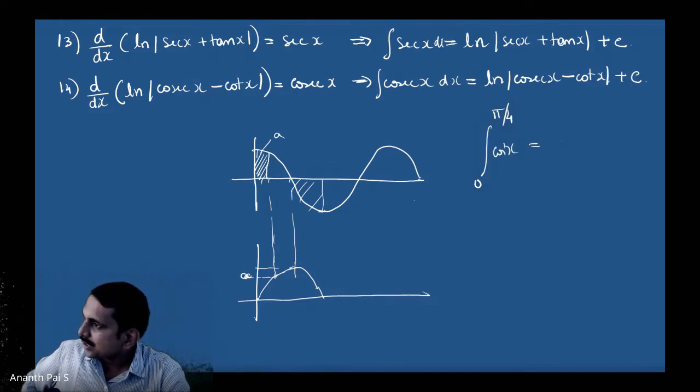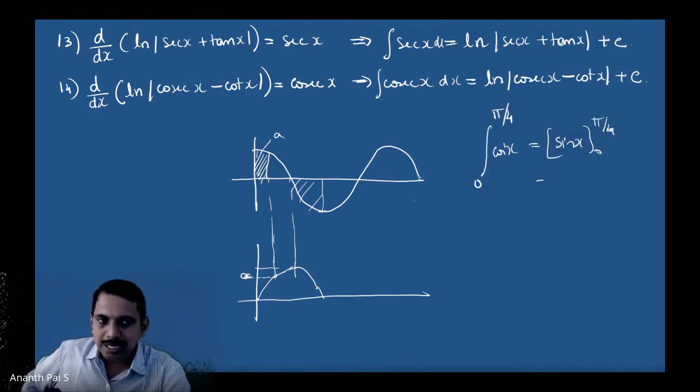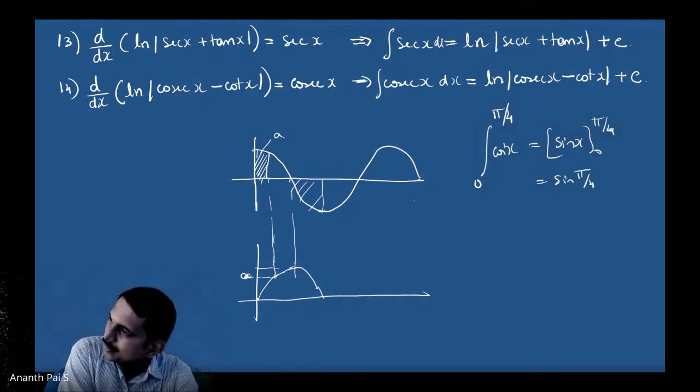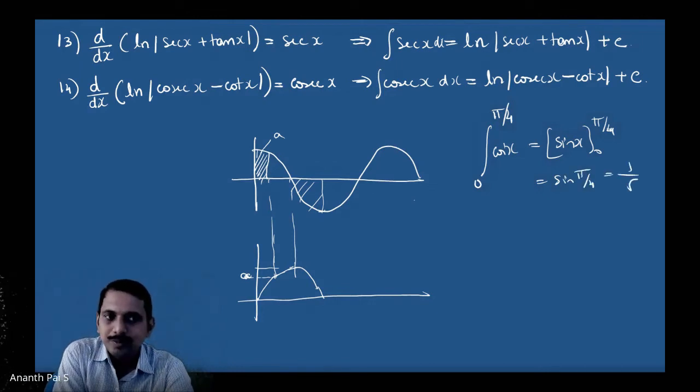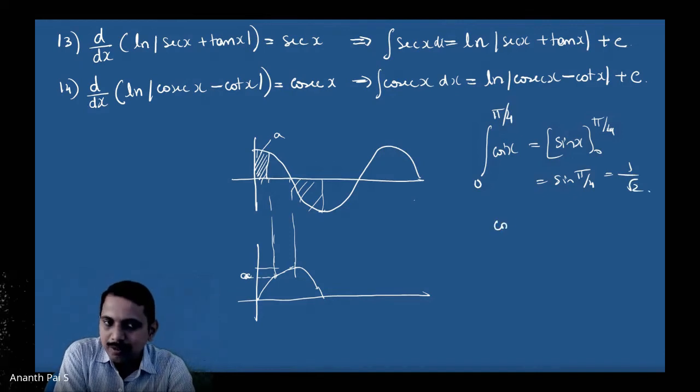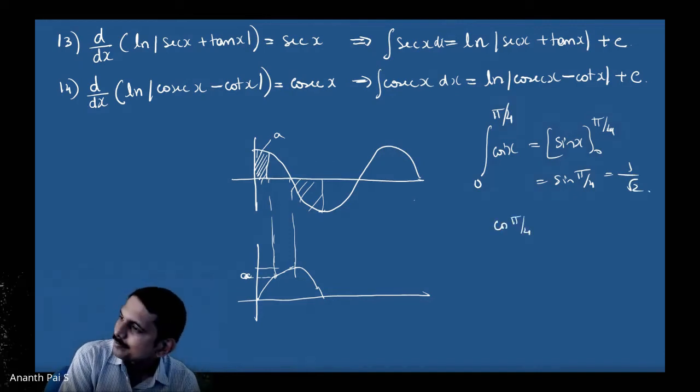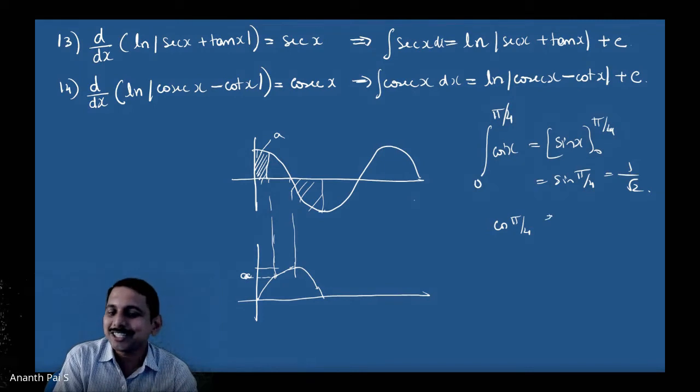Sin x from where? 0 to pi by 4. What is that? Sine of pi by 4, which is 1 by root 2. So the integration of cos x is sine of pi by 4. Here only you proved it, right?